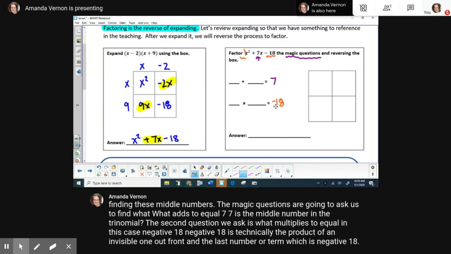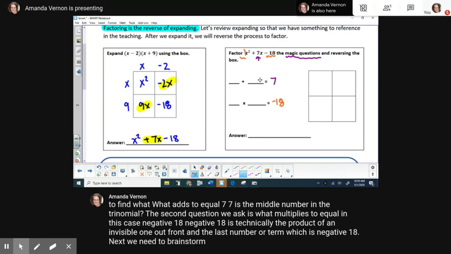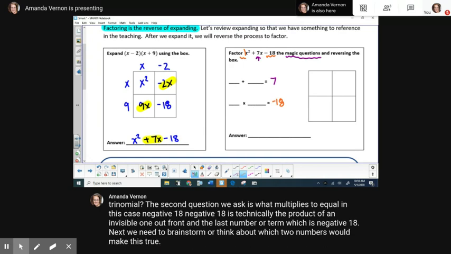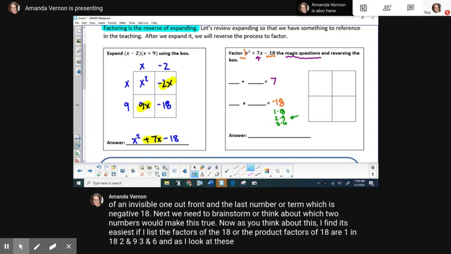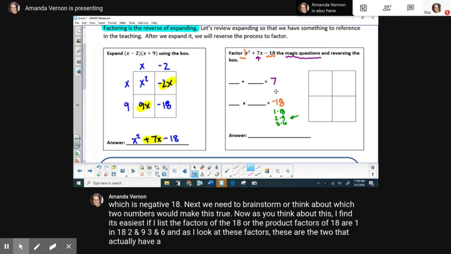Next, we need to brainstorm or think about which two numbers would make this true. Now, as you think about this, I find it's easiest if I list the factors of the 18 or the product. Factors of 18 are 1 and 18, 2 and 9, 3 and 6. And as I look at these factors, these are the two that actually have a difference of 7.